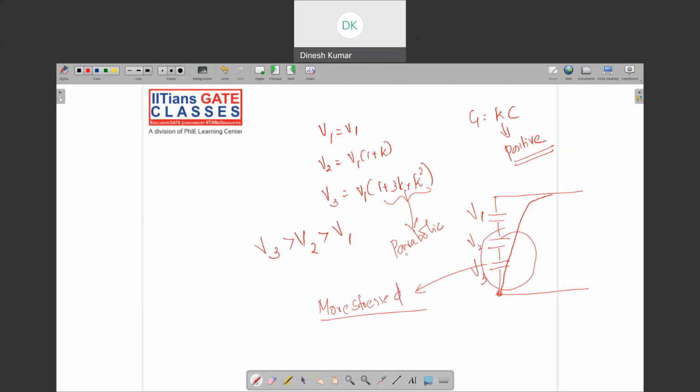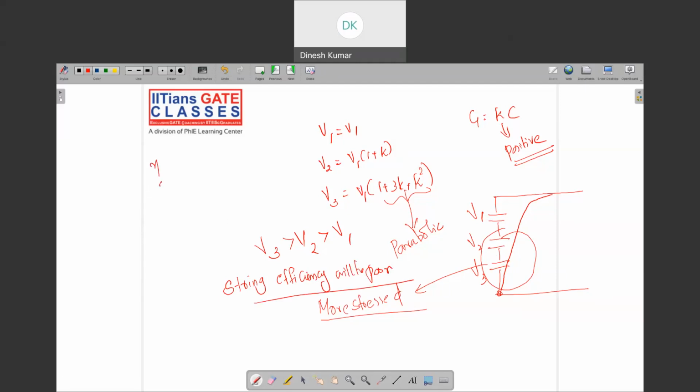So what is happening is that the string efficiency will be very, very poor. You should remember this. So we can define what string efficiency is.